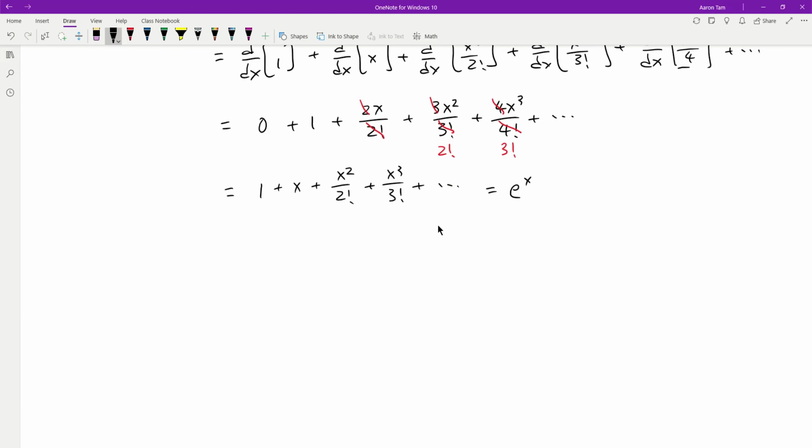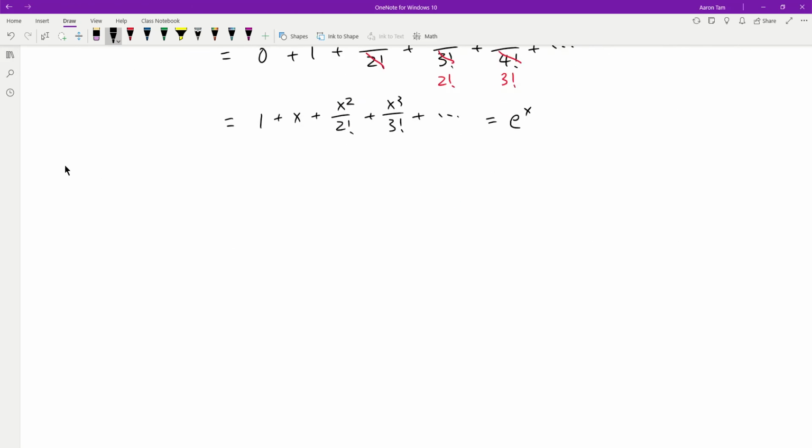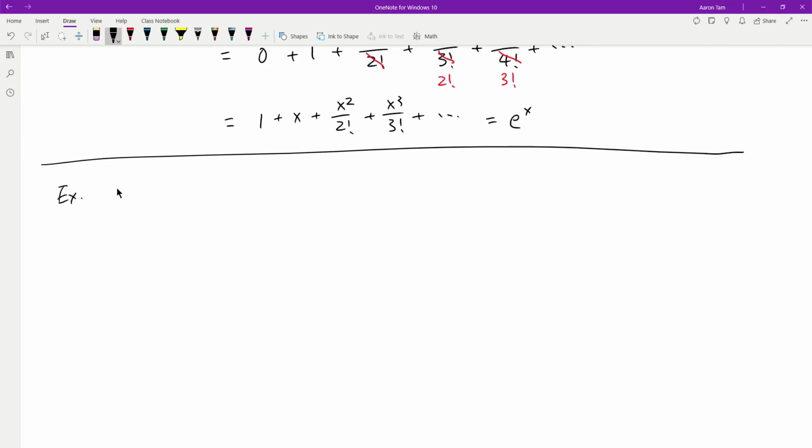So another interesting thing I can show is why, when I take the derivative of sine x, I get cosine x. Similarly, you can also take the derivative of cosine x and show that it's equal to negative sine x. But I'm just going to do the derivative of sine x instead.